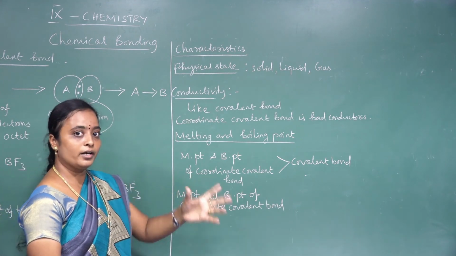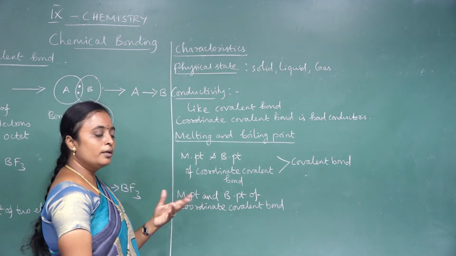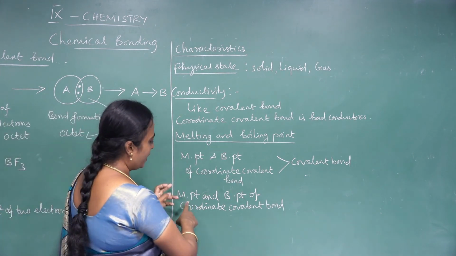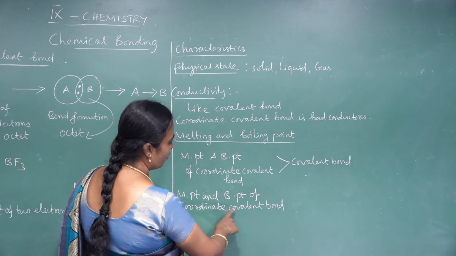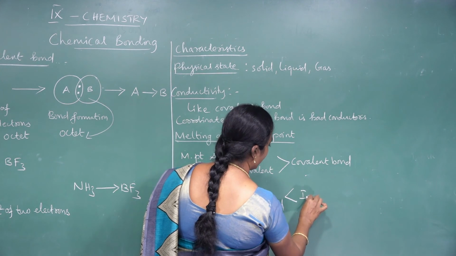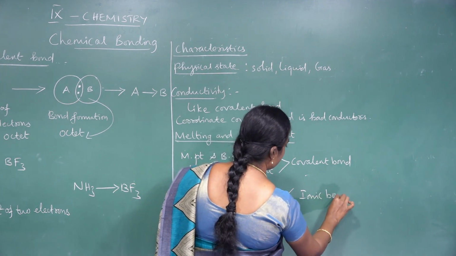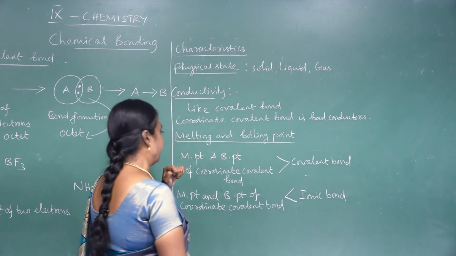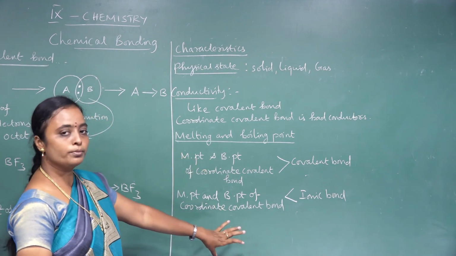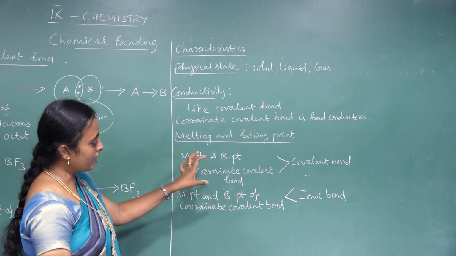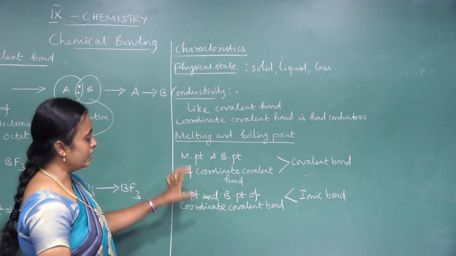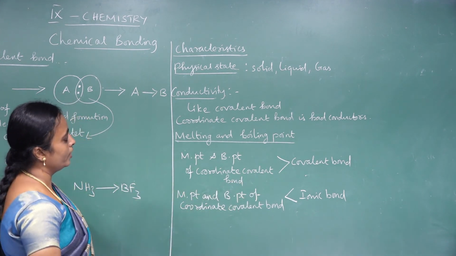That creates ions. Because of that, the melting point and the boiling point will be always higher. So the melting and boiling point of a coordinate covalent bond should be less compared with the ionic bond. So generally, the melting and boiling point of ionic bond should be greatest, the next will be coordinate covalent bond, and the least is covalent bond. So that is the character of melting and boiling point.